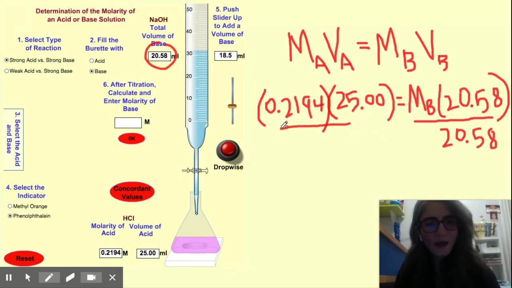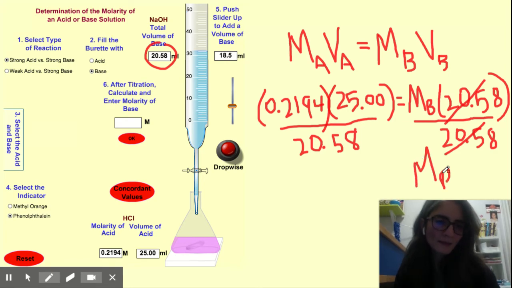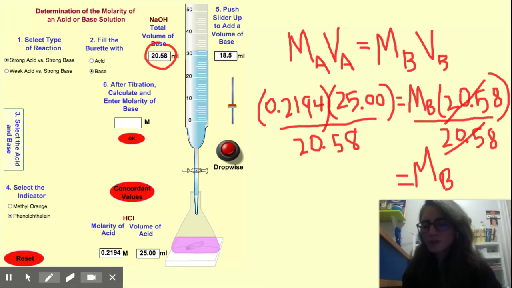Okay, same thing would happen over here, right? That cancels this out. And I solve for the molarity of the base. And at this point, I would have a calculator handy. I have my phone right here to do that.